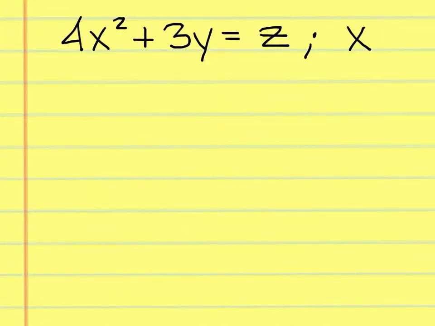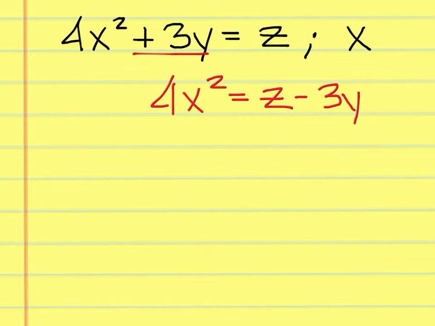To get x by itself, we have to undo everything around it. And the first thing is the plus 3y. We're going to move that to the other side and make it minus 3y. We have multiplication next by 4, so we must undo that.